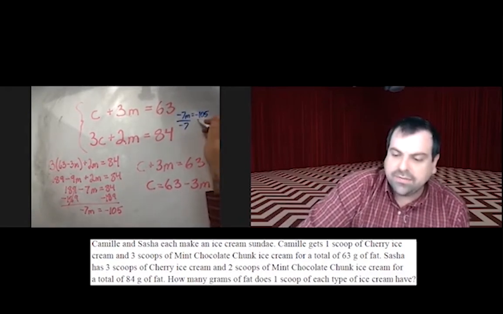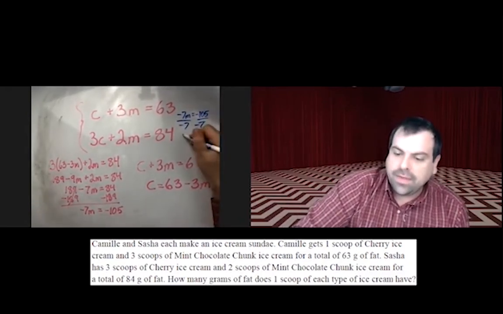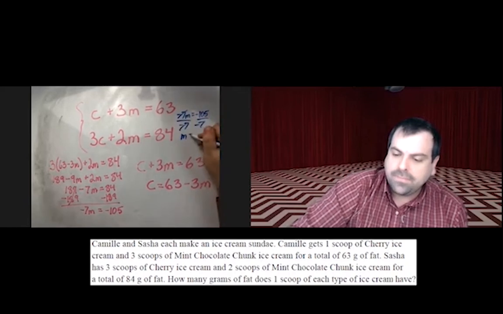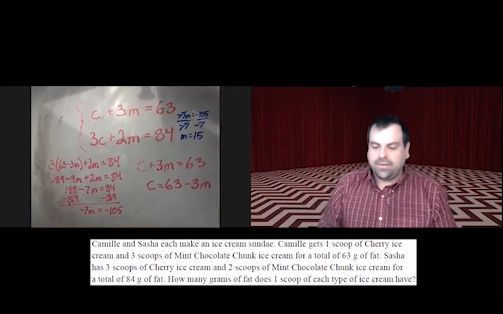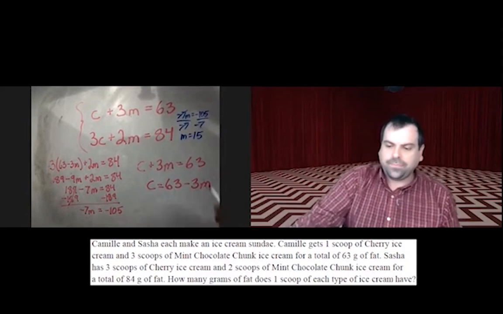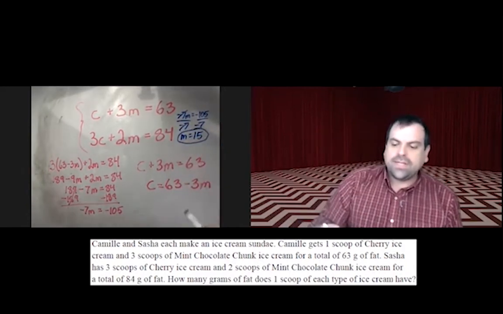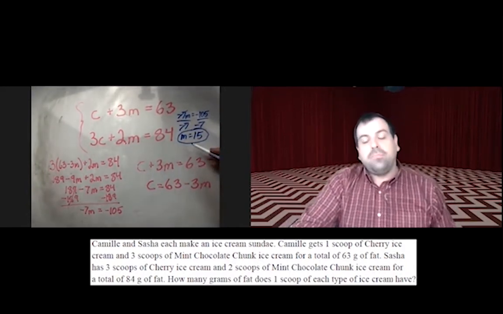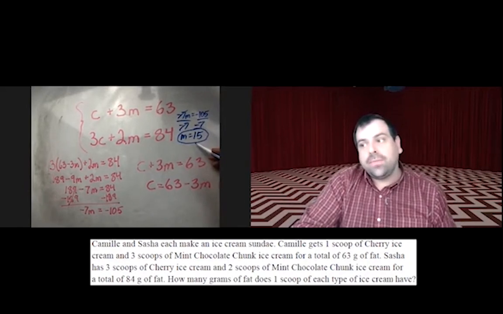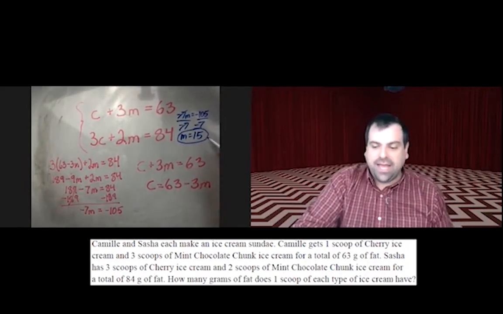Divide both sides by -7. I get m is positive 15. What does that mean? That means that the mint chocolate chunk has 15 grams of fat per serving.